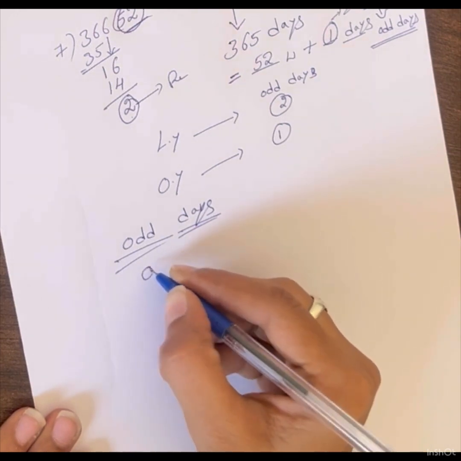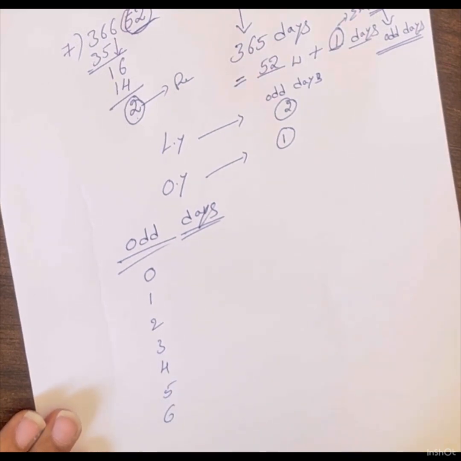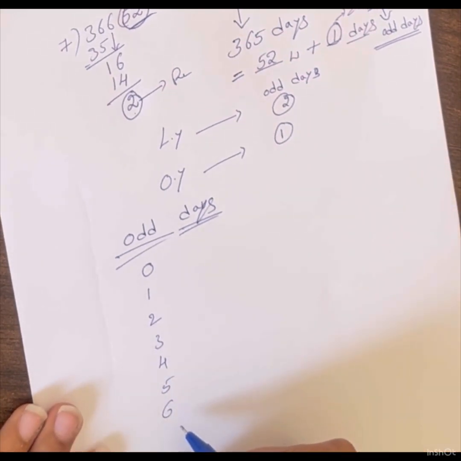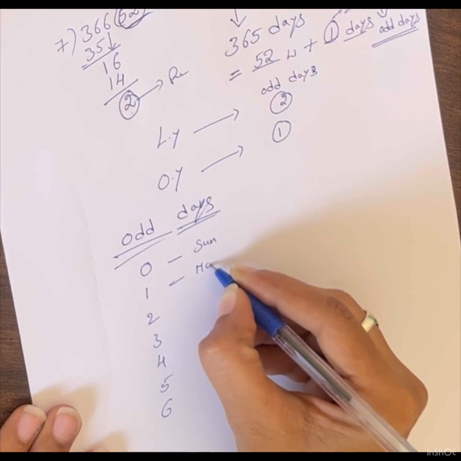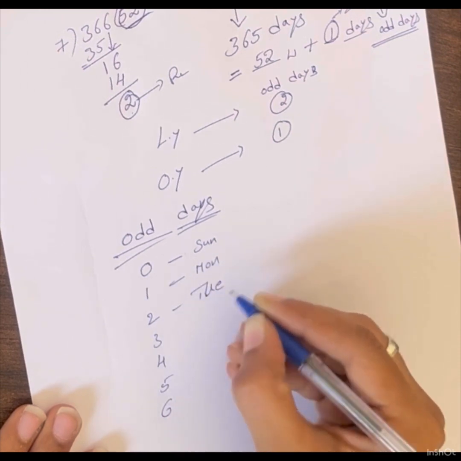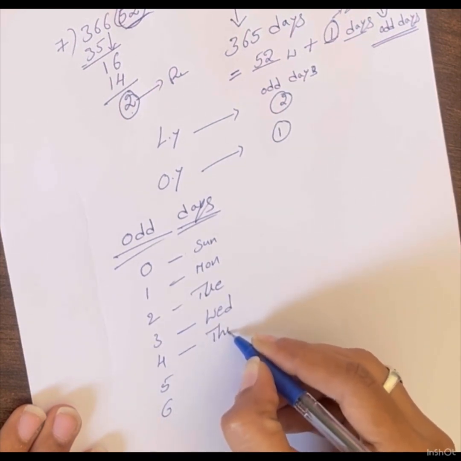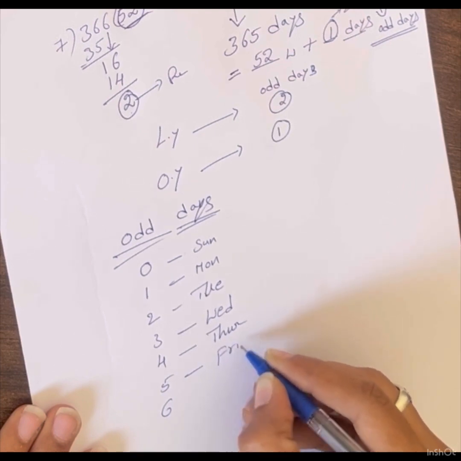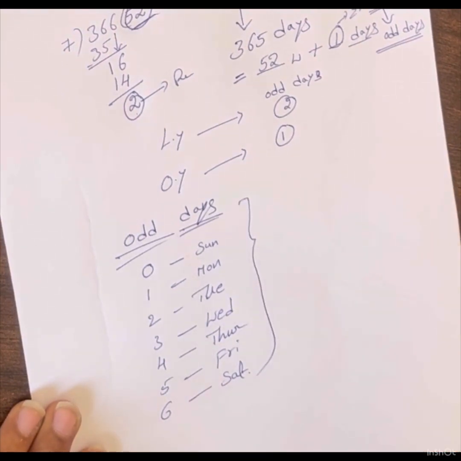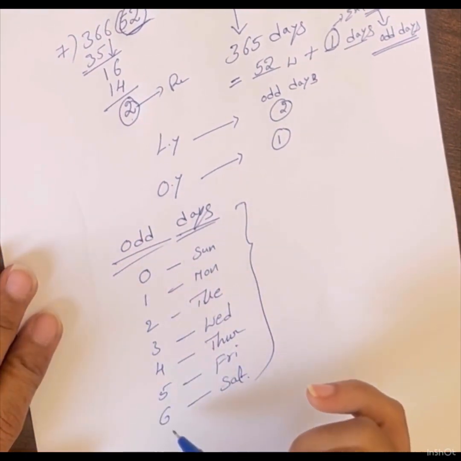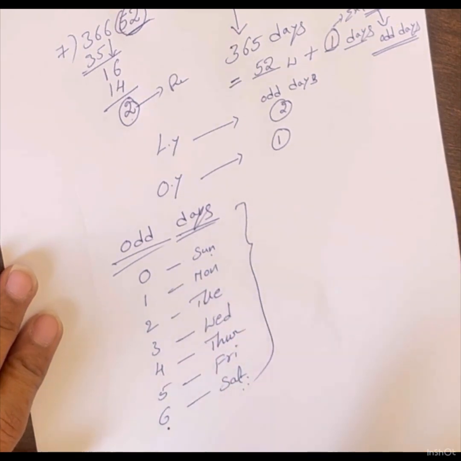Odd days always lie between 0 and 6; 7 means a week. So only 0 to 6 will come as odd days. 0 represents Sunday, 1 represents Monday, 2 Tuesday, 3 Wednesday, 4 Thursday, 5 Friday and 6 Saturday. So 0 to 6 are the odd days, with 0 representing Sunday, continuing up to 6 representing Saturday.